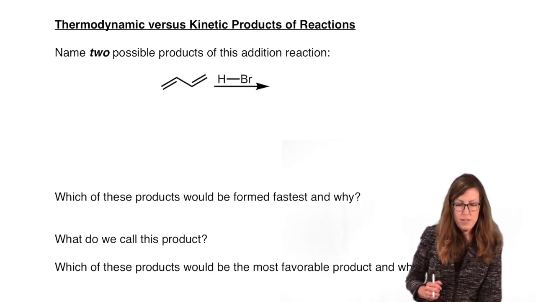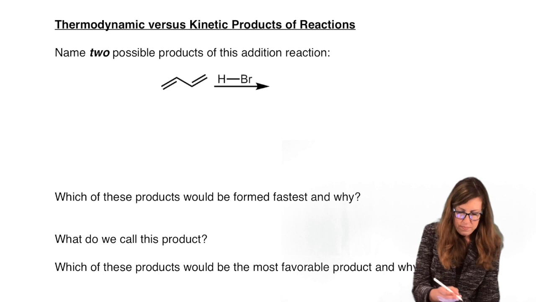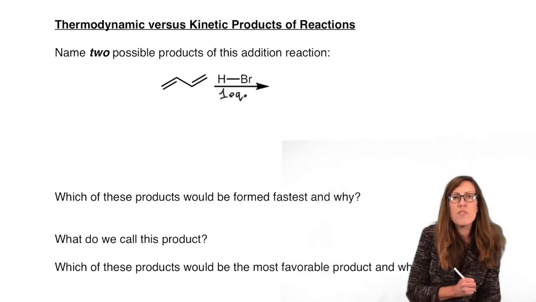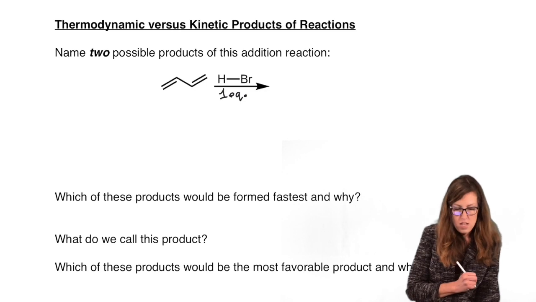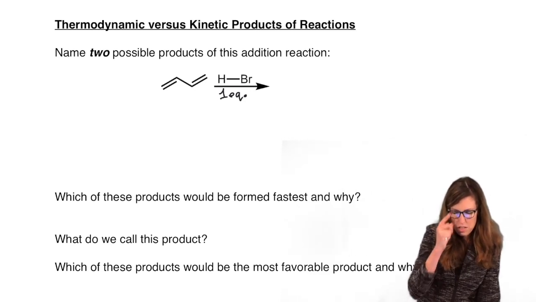This is a 211 reaction, so if you're not clear on that, go ahead and review it. But we're going to just do one equivalent. And we're going to explore which of the two pi bonds are going to be added to, or which carbon gets the bromine, in other words.